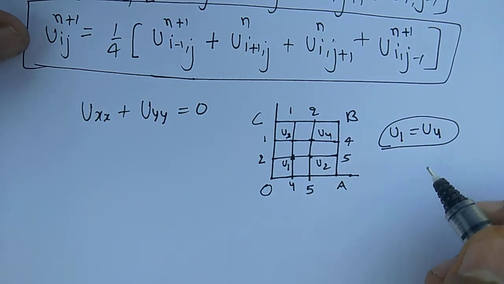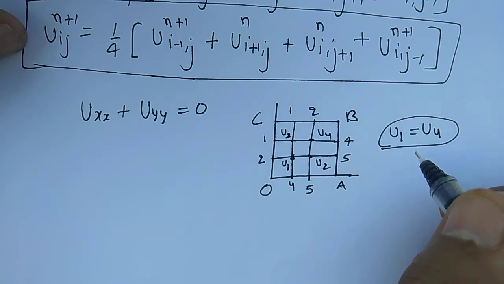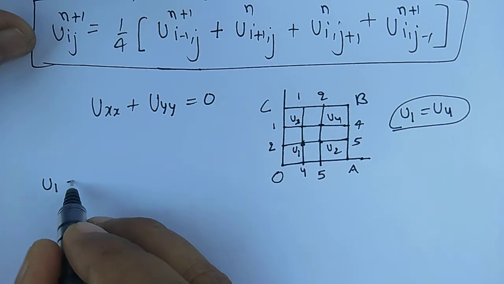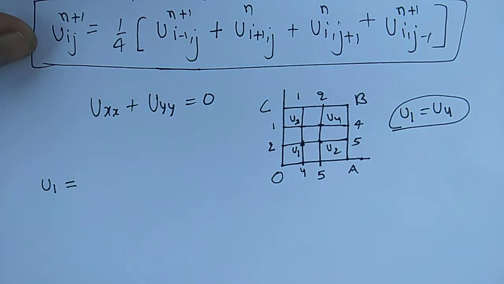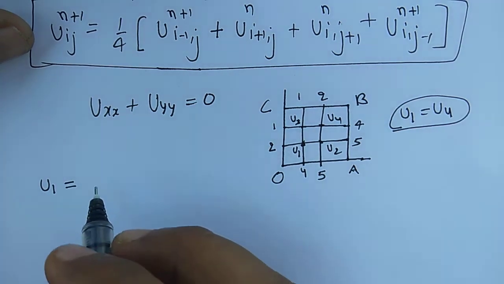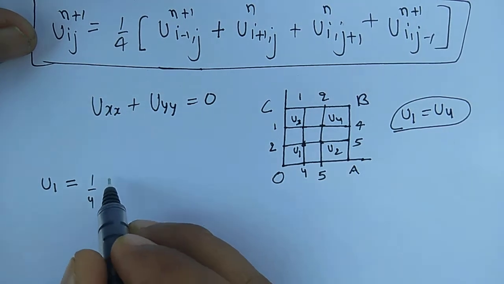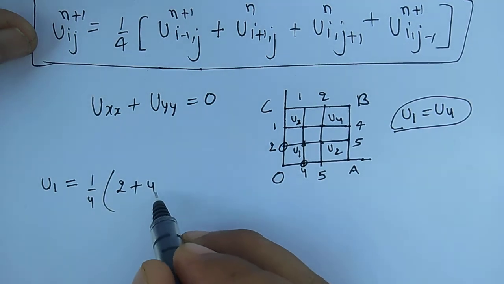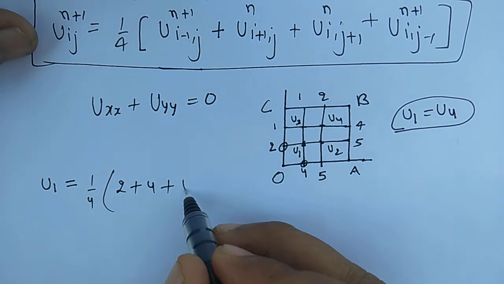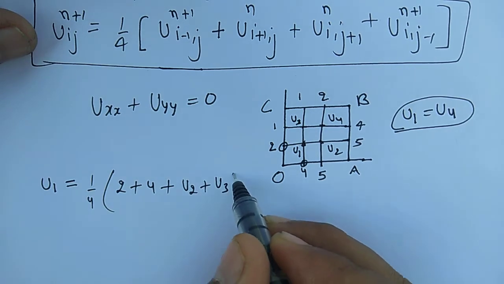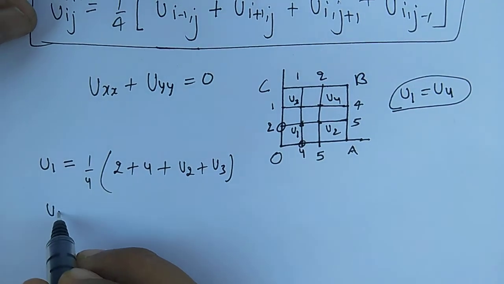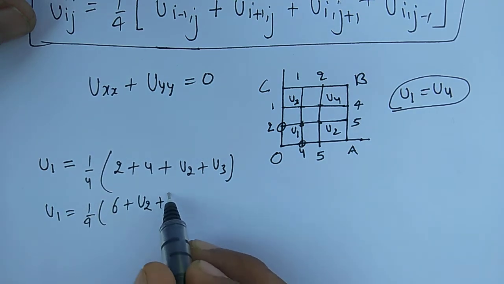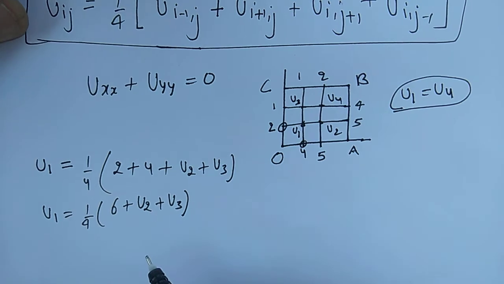Fine, so we have mainly three unknowns here. For u1, using the standard 5-point formula: 1 by 4, first point 2, second point 4, plus u2 plus u3. So u1 equals 1 by 4 of 6 plus u2 plus u3.